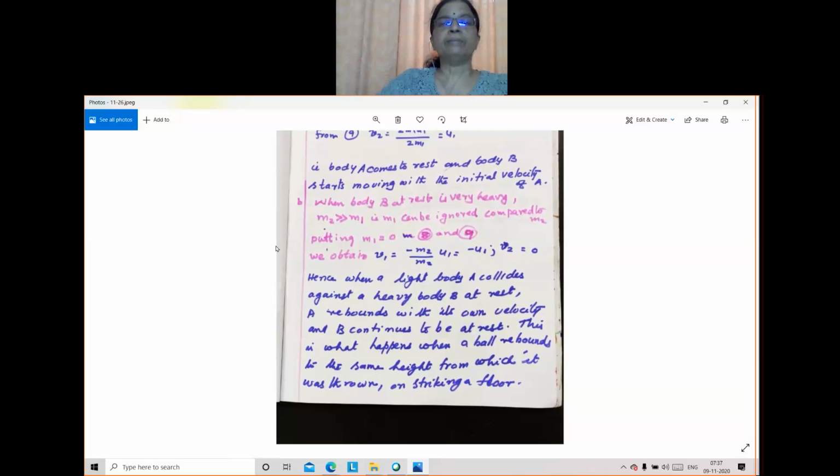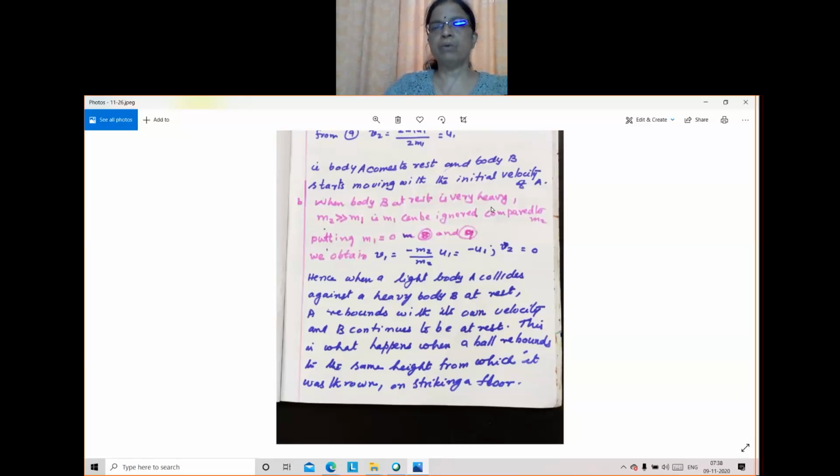The next special case is when body B at rest is very heavy. For example, when a ball strikes a wall, body B at rest is very heavy. The wall is very heavy. When we throw a ball towards a wall, what happens?